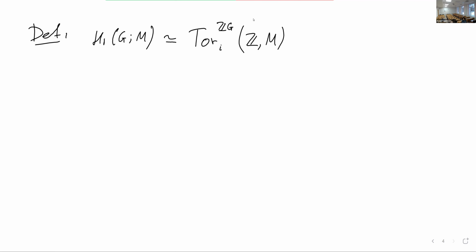What this means is that we take a projective resolution of Z over ZG, over the group ring, and then we tensor this with M over ZG, and then we take the ith homology of this thing.